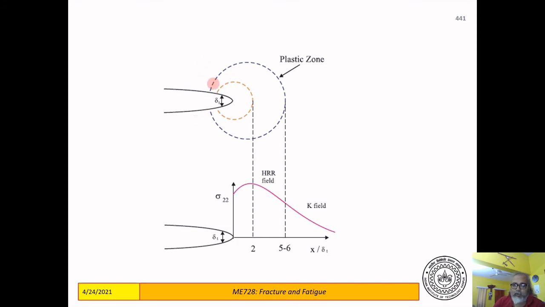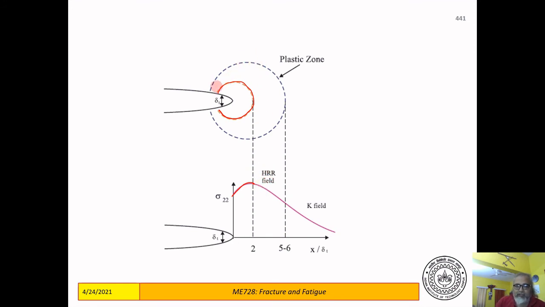So this is the sigma 2 to the opening stress. This is your zone where large deformations are valid. So if you take this zone into account, do a real large deformation based finite element simulation, you will see that the stresses do not go to infinity anymore. They sort of drop down to a large but manageable value, realistic value.